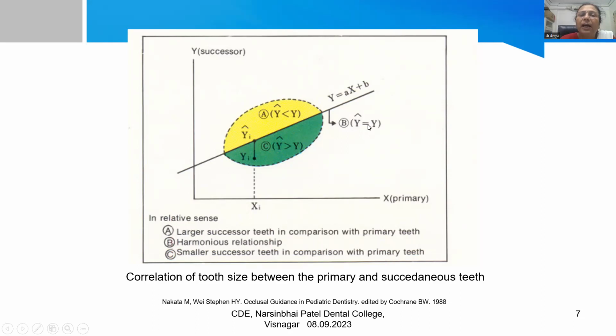One third of the cases in the population had equal size, they have a good correlation between primary teeth size and the permanent teeth size, so they will not be in the crowded state. But in some it was smaller, and in the others it was bigger. So if it is bigger, it is always a severe crowding arch.